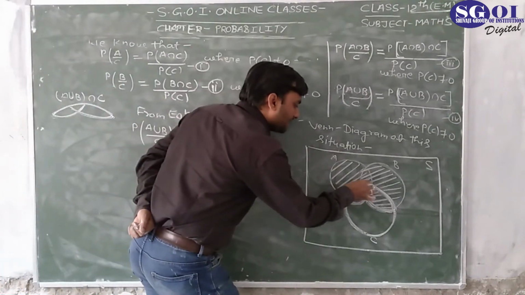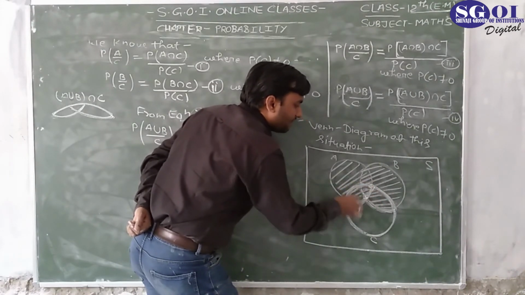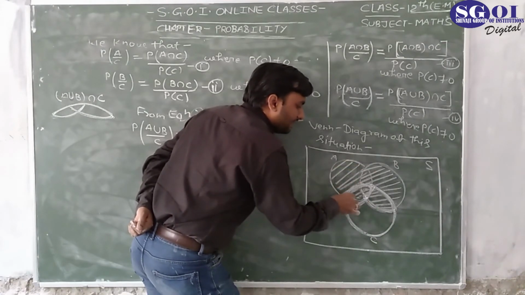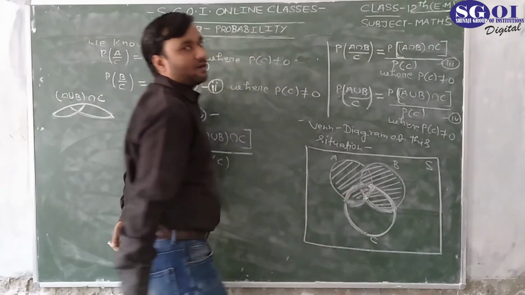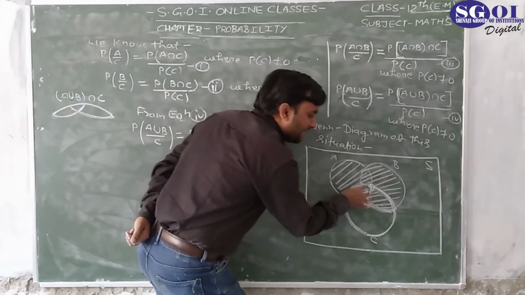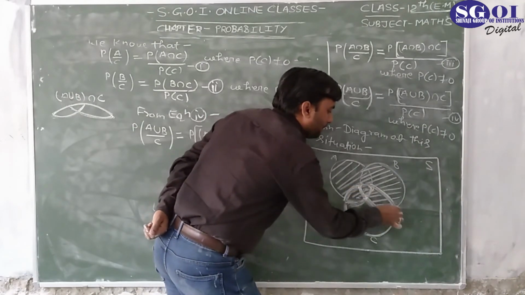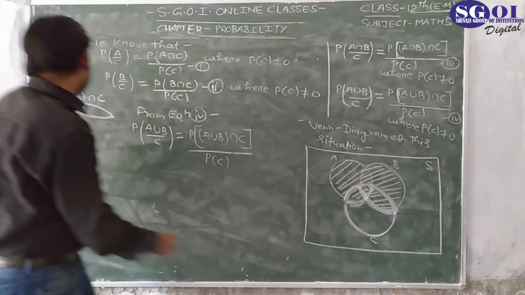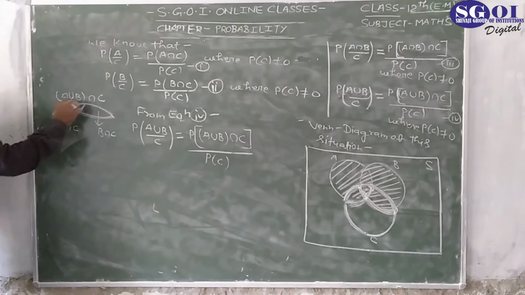If you watch carefully, this part is the common portion of circle A and circle C. Common portion means intersection. So this part is the intersection of A and C, and this portion is the common portion of circle B and C. That means this portion is A intersection C, and this portion is B intersection C, and this whole portion is the combination of these portions.